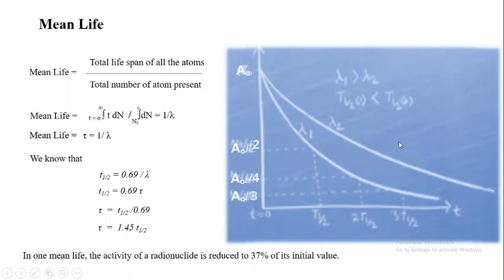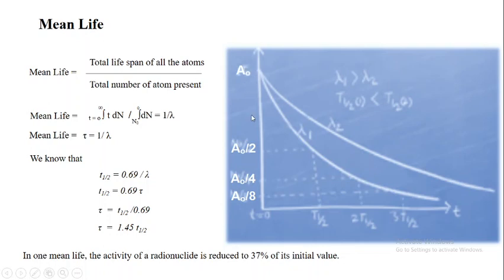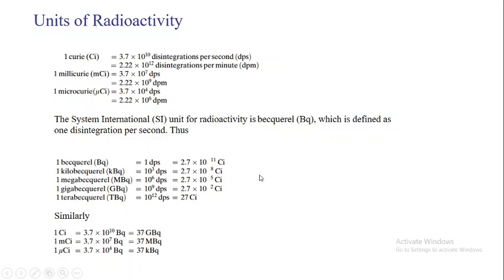Similarly, you can convert this value into activity terms. This is the unit of radioactivity. There are different types of radioactivity units used to express different kinds of activity. In terms of disintegration rate, 1 curie is equal to 3.7 times 10 raised to 10 disintegrations per second.